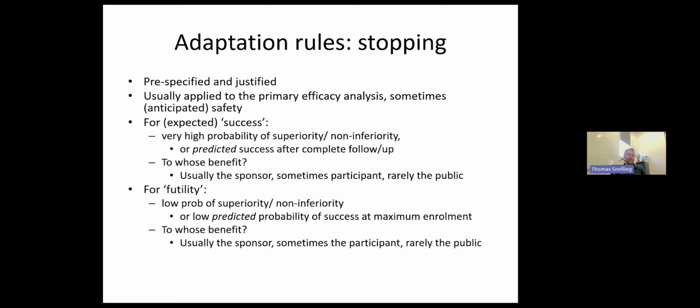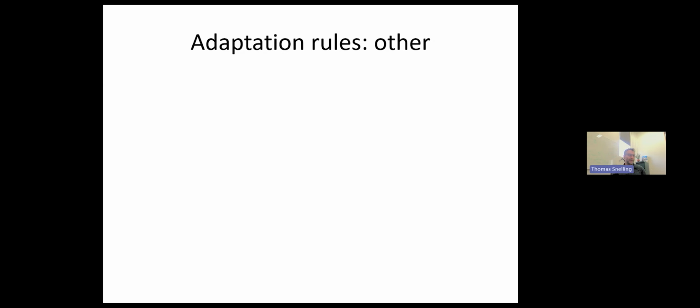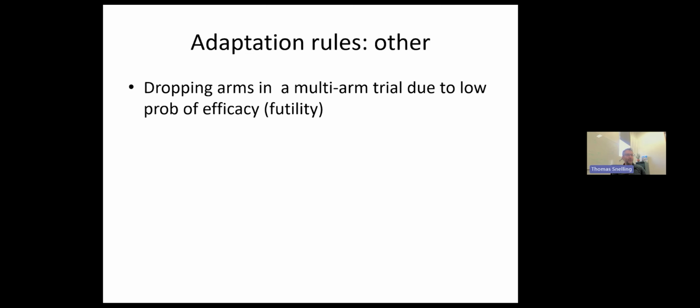But again, rarely is the public's interest served by stopping early for futility. Generally, it's in the public interest to collect as much evidence as possible about the effectiveness or comparative effectiveness of alternative treatments.